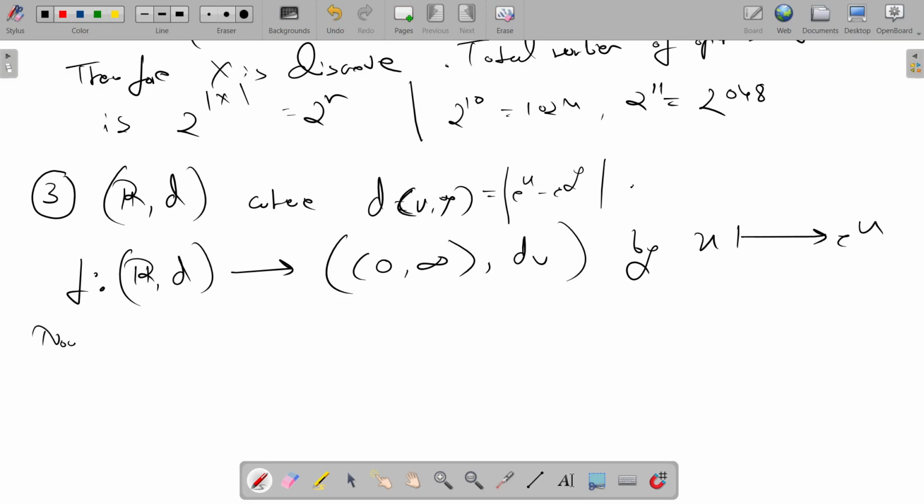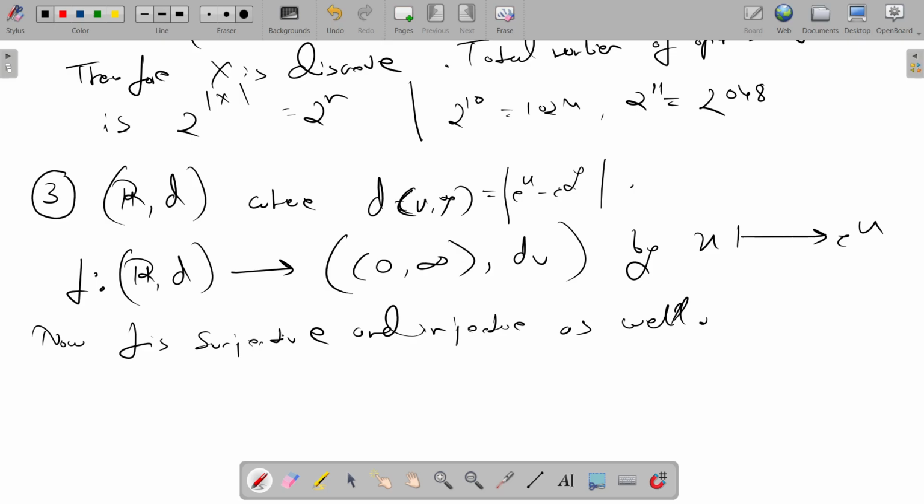Now, f is surjective, as we can see, and since f of x is increasing, f is surjective and injective as well. Injective because it's strictly monotone and continuous. So f is injective as well.